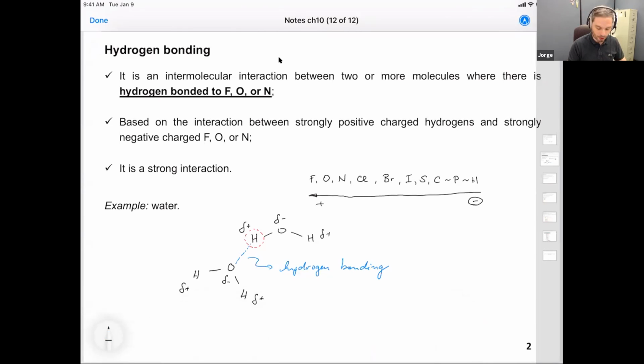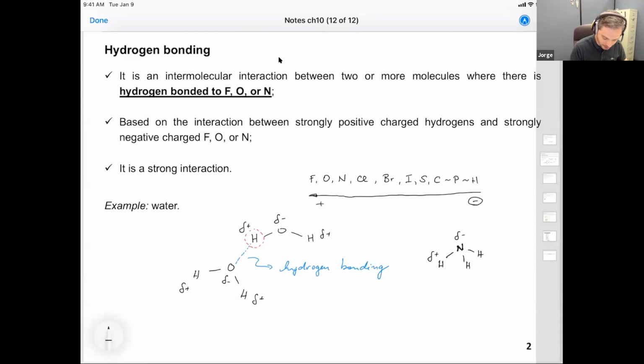Another example of hydrogen bonding would be between ammonia molecules. So ammonia is NH3. So again, we have nitrogen bonded to hydrogen, and because we have a huge electronegativity difference, the nitrogen is going to be strongly negative and the hydrogen is strongly positive.